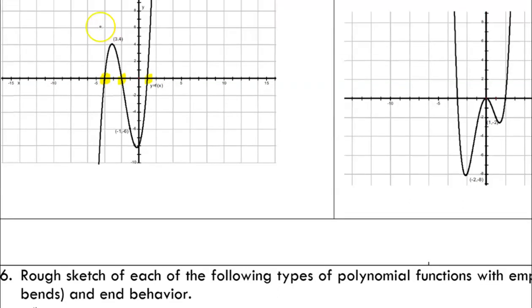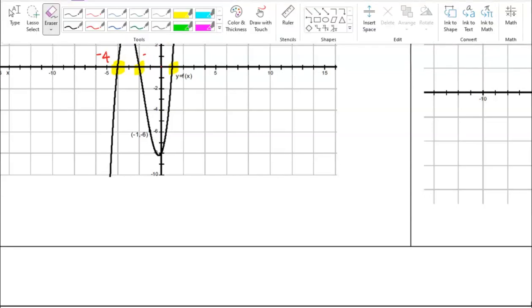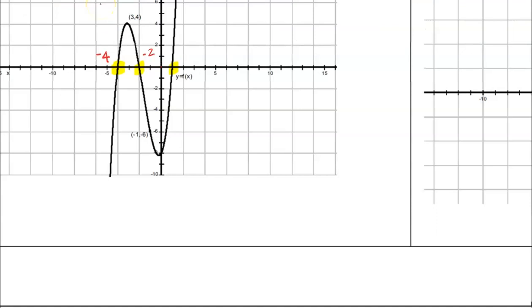So right here, it looks like it's a negative 4. Right here, it looks like a negative 1. Or is it a negative 2? It's a negative 2. And right there, it looks like a 1.